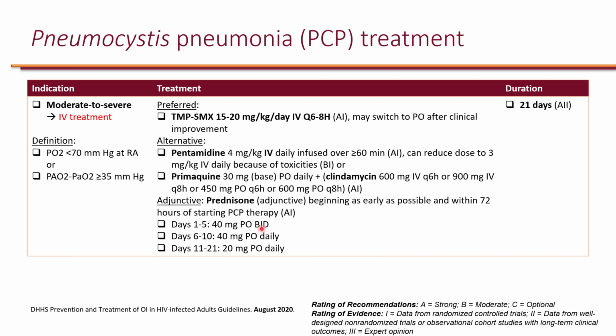And here's the dosing taper recommendation. And that's because the addition of prednisone has been shown to reduce mortality. So for that reason, if someone has moderate to severe PCP, you have to give them prednisone. Or if prednisone is not available, you do an equivalent corticosteroid.